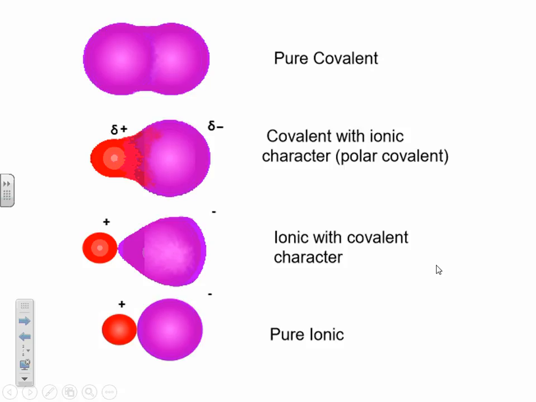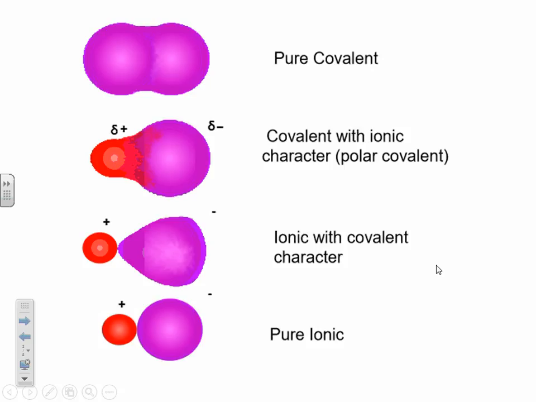The pure covalent bond would be a perfect share, and that's only going to happen where you've got two identical atoms, like two oxygen atoms in a molecule, or two chlorine atoms in a molecule. Then we'll have the polar covalent bonds where there are significant differences between the electronegativities, like between oxygen and hydrogen. That applies perfectly in water, but also in OH groups, which we find a lot of in organic chemistry.